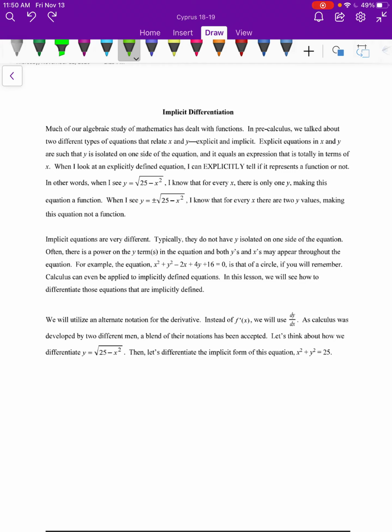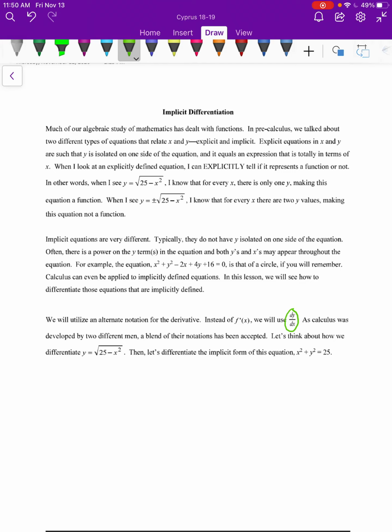Instead of just using the prime notation like f prime or y prime, we're going to be using the dy dx notation for this unit, or this section at least. Because calculus was founded by two different people, we have all of these different notations for the same thing, which is why we are going to be using a different notation here.